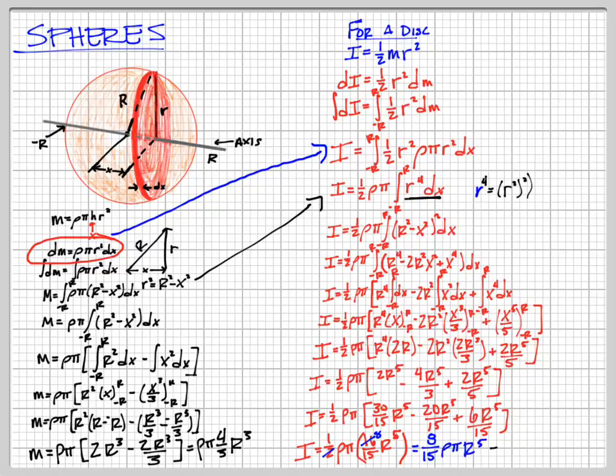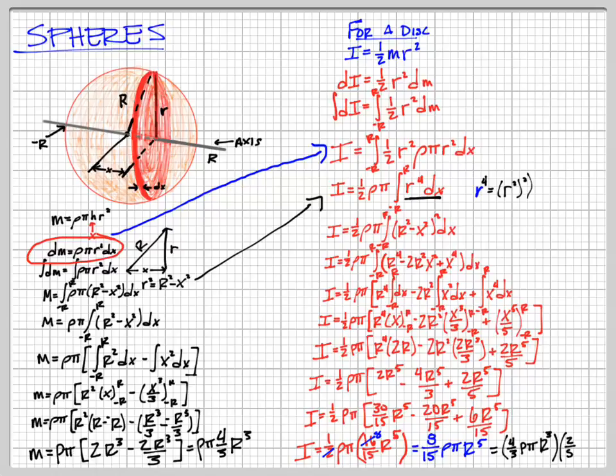And we're going to break it up conveniently, okay? So I know that I've got 4/3 for my mass. So we'll put everything together that's mass. 4/3 rho pi r cubed. And what I'm left with after I do that is 2/5.